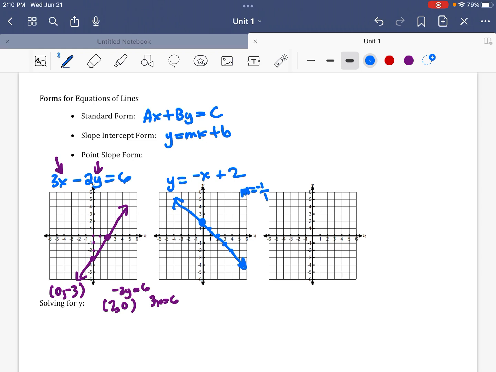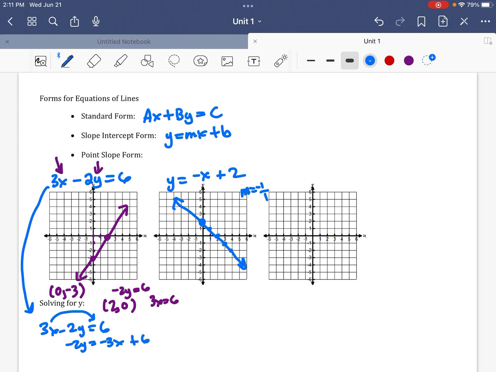Okay? So this is the most common one. And usually what you do is, this is already solved for y. So you can also take any equation and solve it for y. So if I took this one, 3x minus 2y equals 6, and solved it for y, I'm going to pop that 3x over to the other side. When I move something to the other side of the equation, it changes the sign. It's a positive 3x, so now it changes to a negative 3x. So negative 2y is equal to negative 3x plus 6.